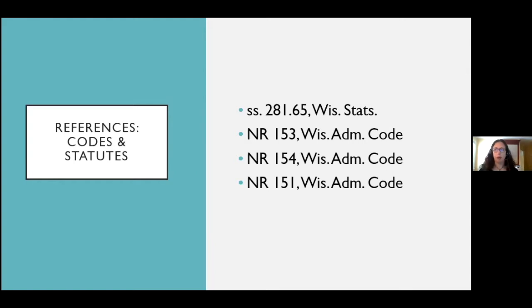NR 151 establishes runoff pollution performance standards for non-agricultural facilities and transportation facilities, and performance standards and prohibitions for agricultural facilities and practices designed to achieve water quality standards.